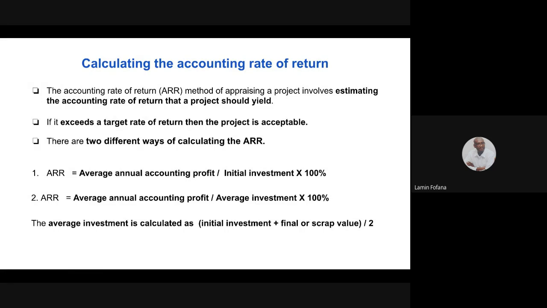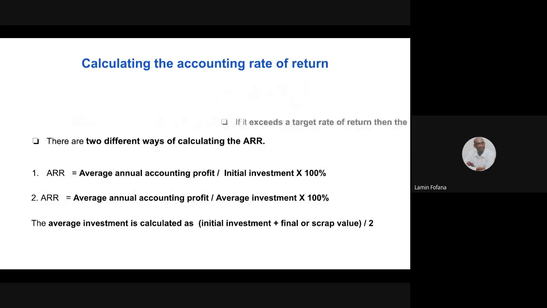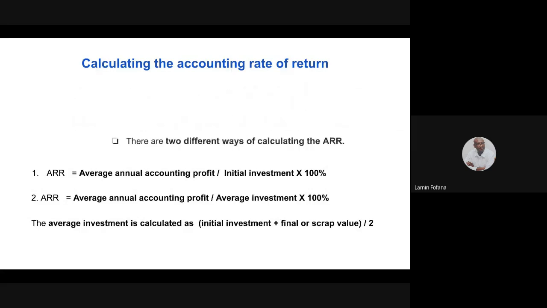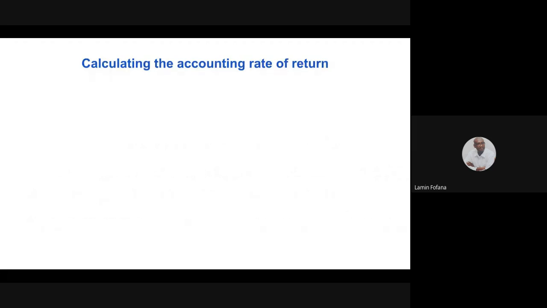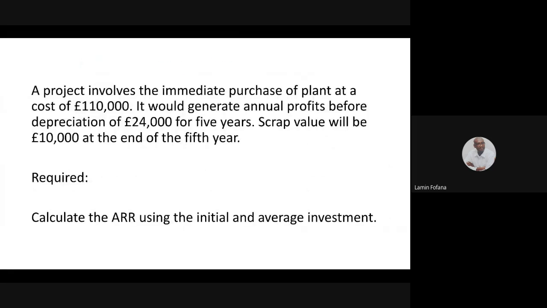Average investment is usually calculated as the initial investment plus the final investment, which is usually the scrap value or the salvage value, as the Americans call it, divided by 2. It's that simple. So these are the two methods. But in exams, you will be told what method to use in case it appears.